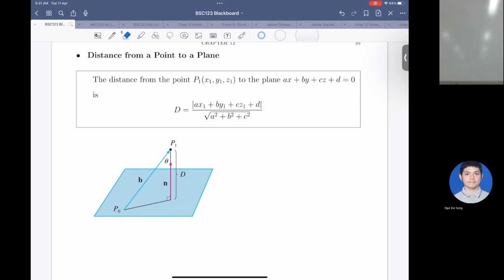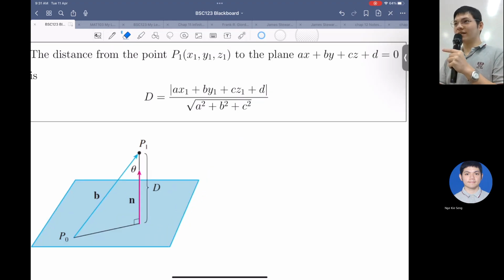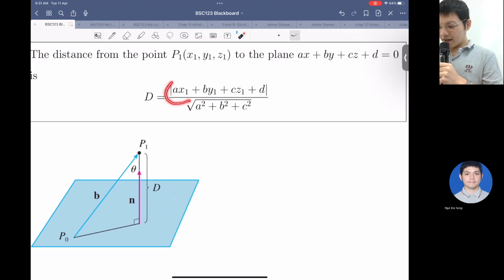Okay. So the problem is, if the point is not on the plane, it has a positive length. So how to find that length? It's given by this formula, which looks horrible.